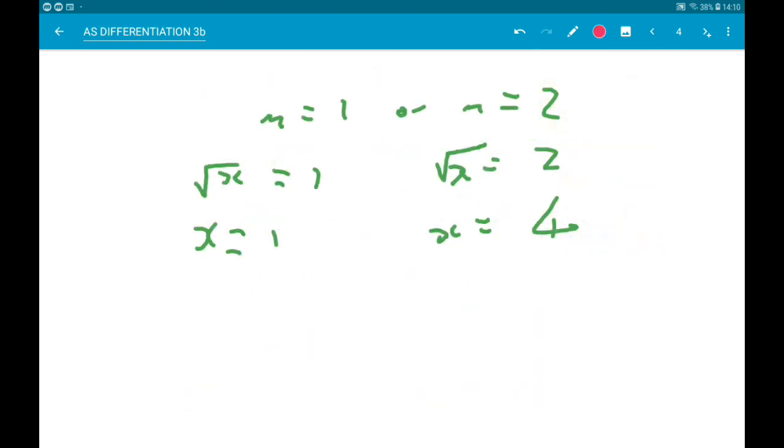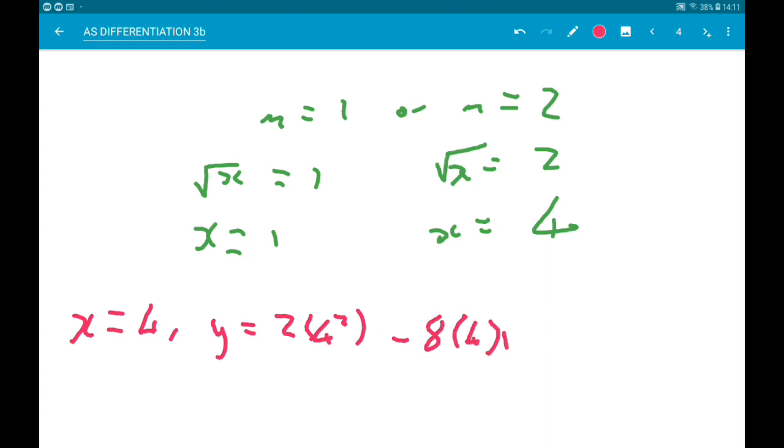So, now that we know the x coordinate, we need to find the y coordinate. So, when x is 4, y is 2 lots of 4 squared minus 8 times 4 times root 4 add 8 times 4 plus 1.